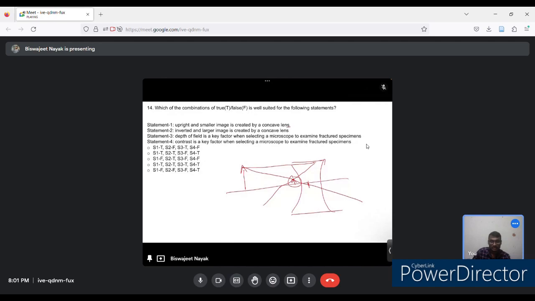If this is the object, this is the image. Yes, that's true. Inverted and larger image is created by a concave lens. No.